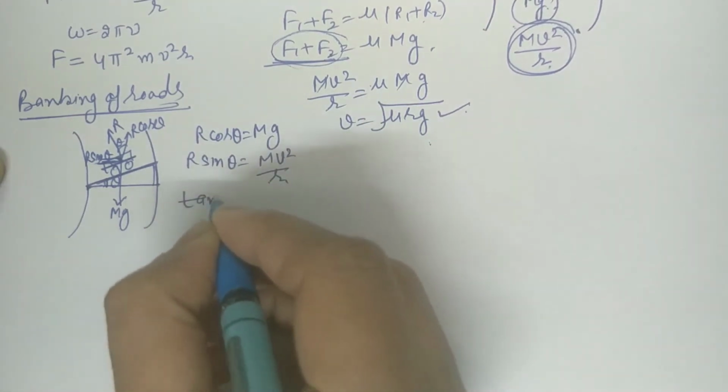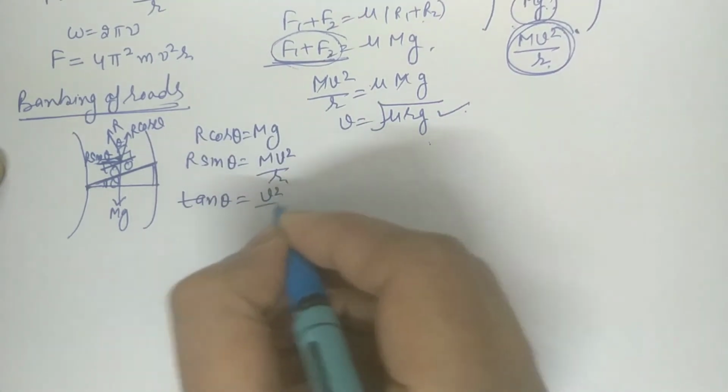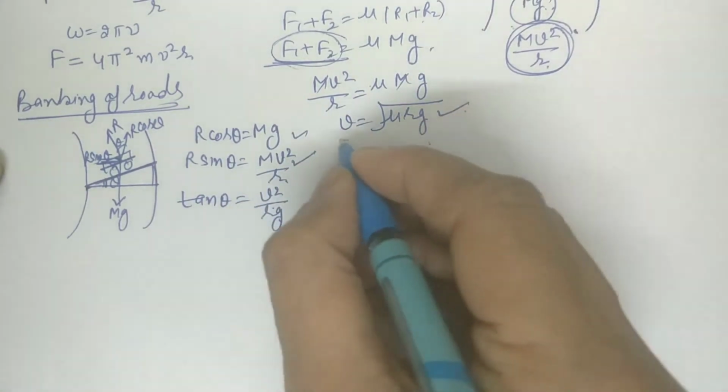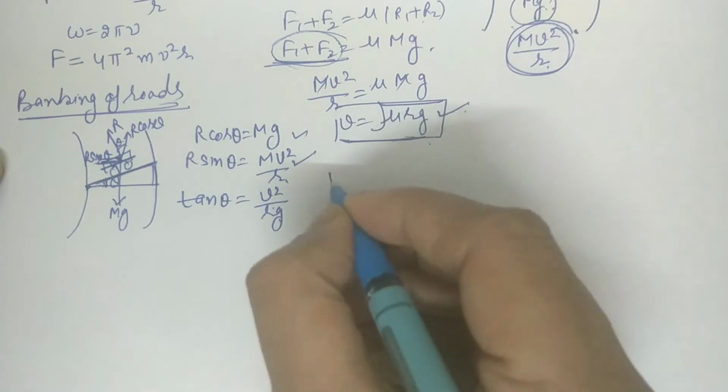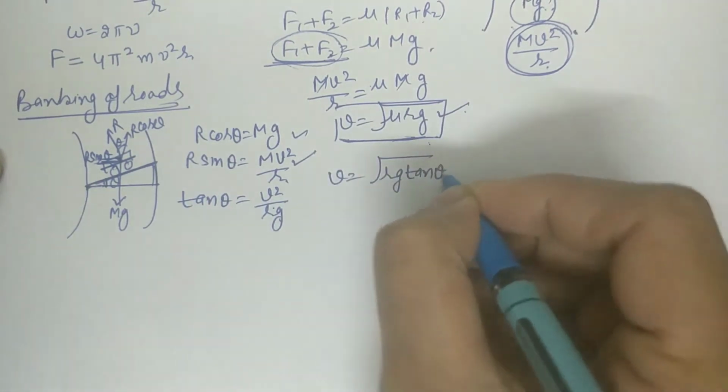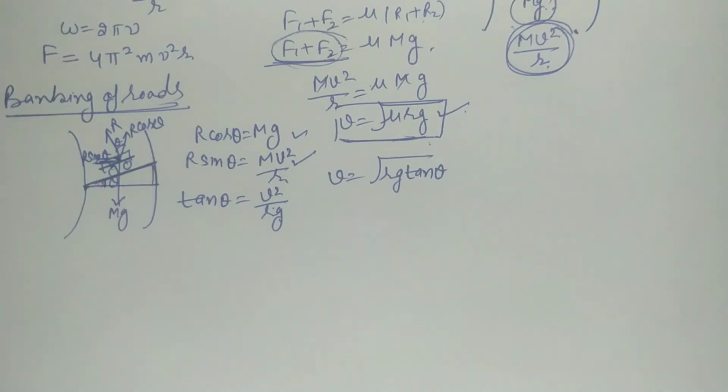Then when we divide these, tan theta is v square upon rg. This is the level road velocity, and this is the banked road velocity without friction to take turns safely.